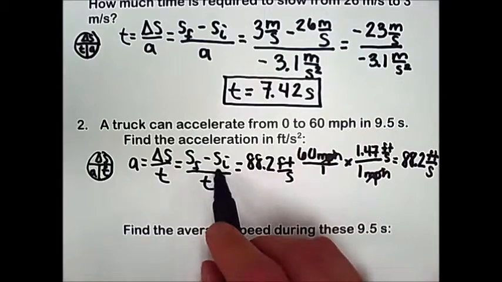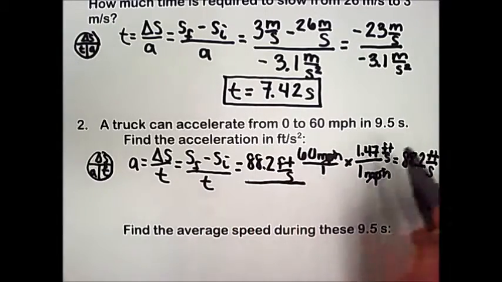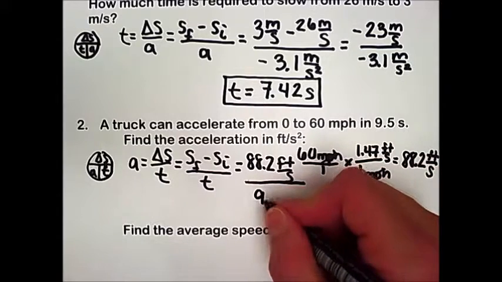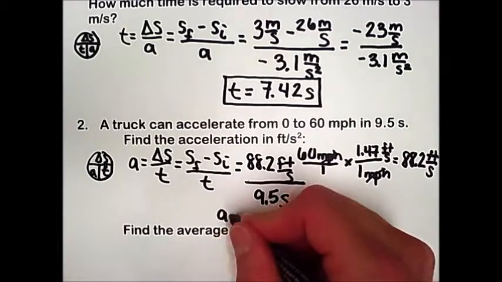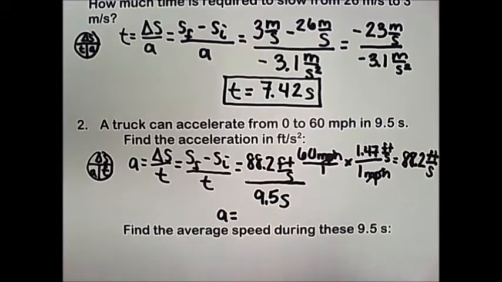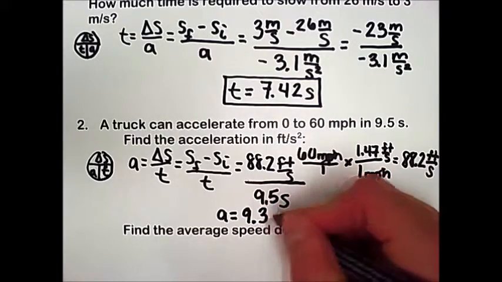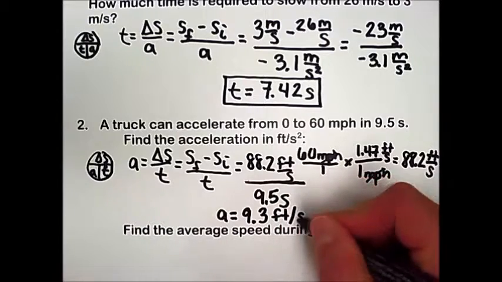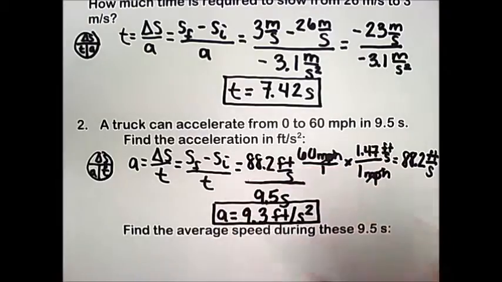The initial speed is 0, so we can leave that off. When we divide that by time of 9.5 seconds, we should get an acceleration with units of feet per second squared. So when we divide this in our calculators, we get approximately 9.3 feet per second squared as our acceleration.